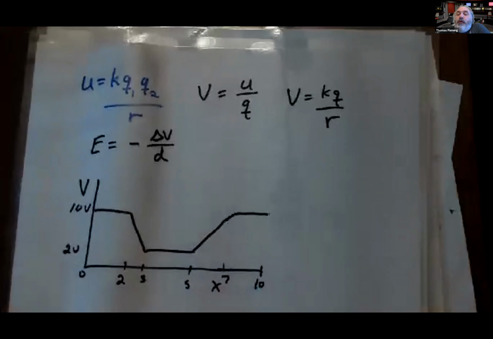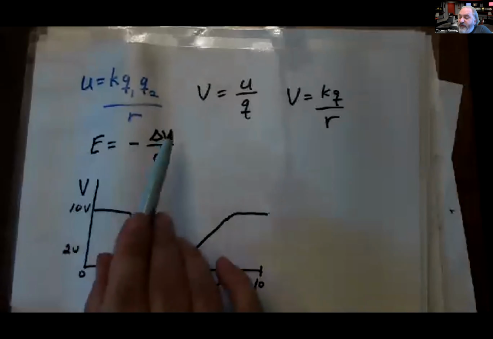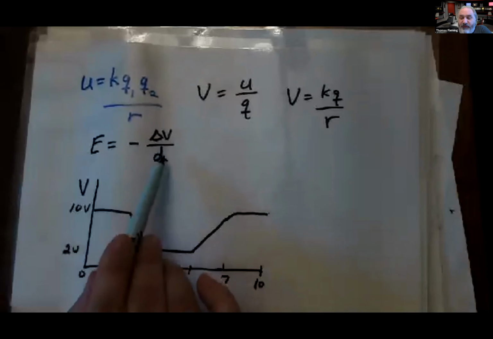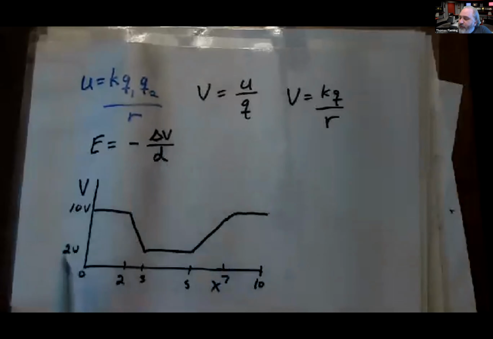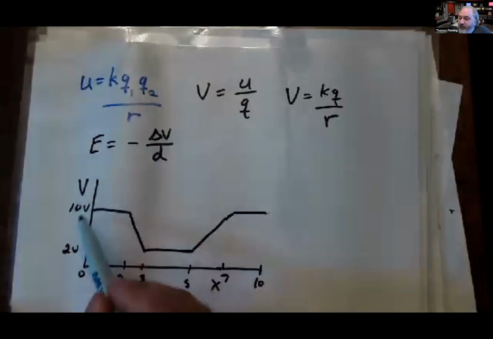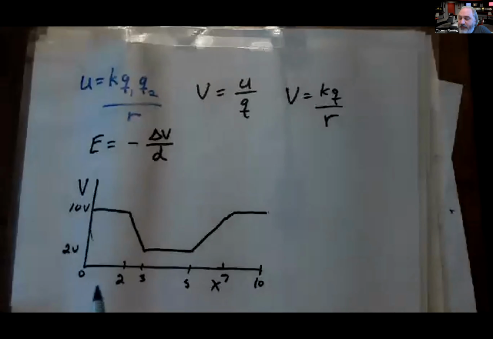So just looking at how V changes from place to place, I can actually figure out quite a lot about what the electric field is at different locations. How can I do that? Well, since the electric field is the change in potential over the distance, and if I'm looking at this graph, the change in potential is the rise of the graph, and the distance would be the change in x of the graph.